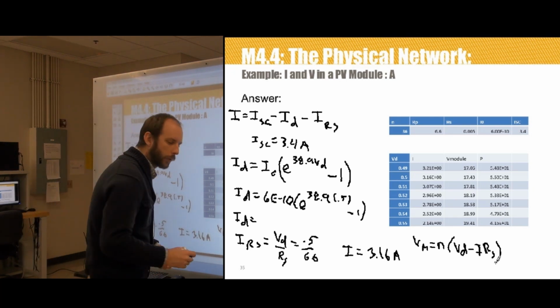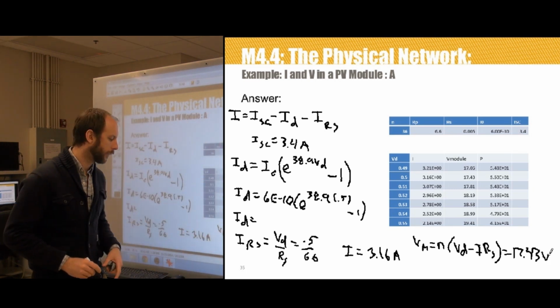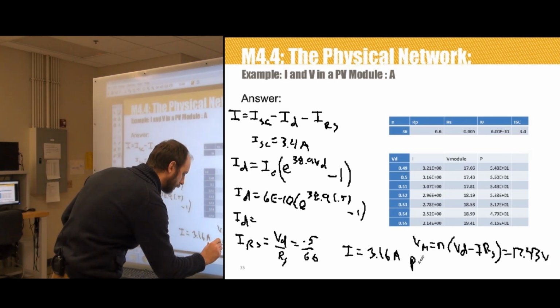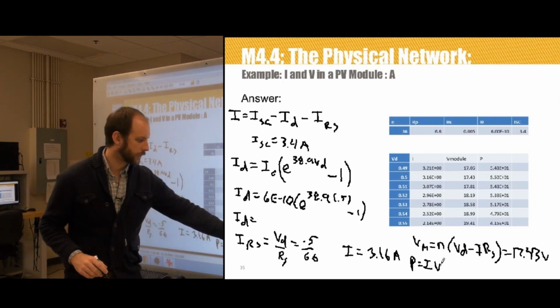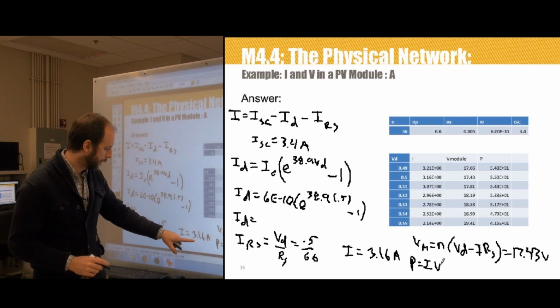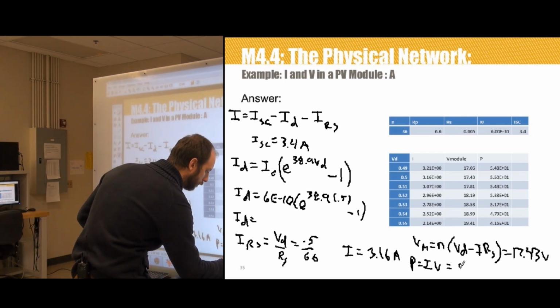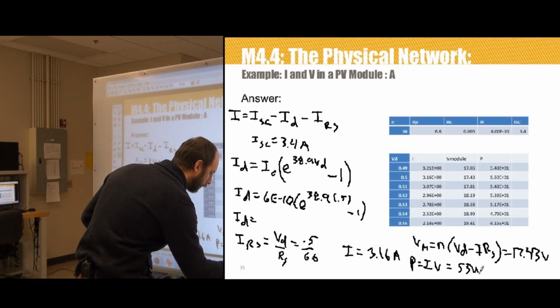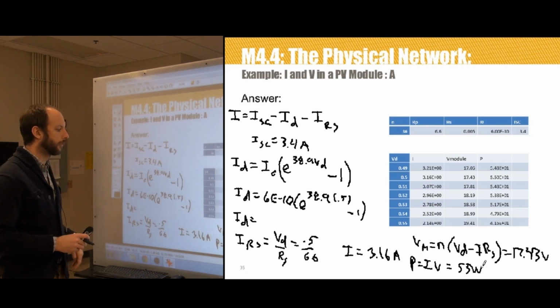That gives us 17.43 volts. And then finally, the power is just I times V. That's 17.43 volts times 3.16 amps. That's 55 watts for a solar cell diode voltage of 0.5 volts.